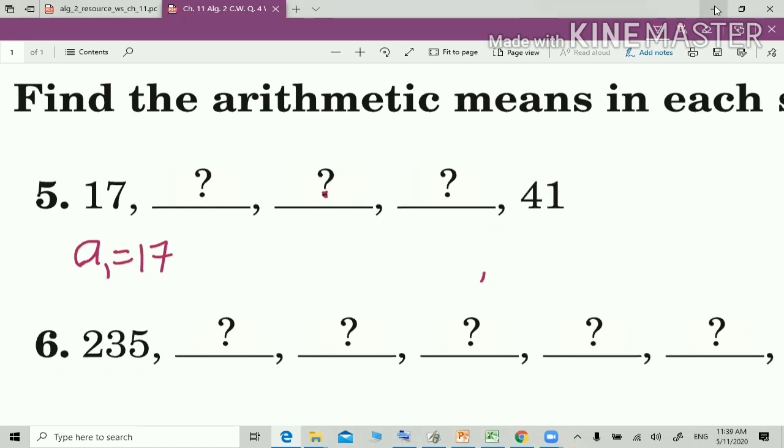Here, we don't have the next term to subtract. If you want to find the difference, you subtract, but I don't have two consecutive terms. This is A1, this A2, A3, A4. This is A5. So we can use that A5 to get the value of D.